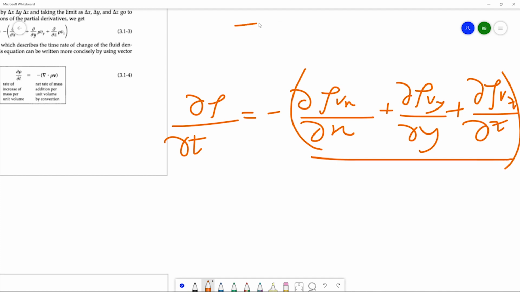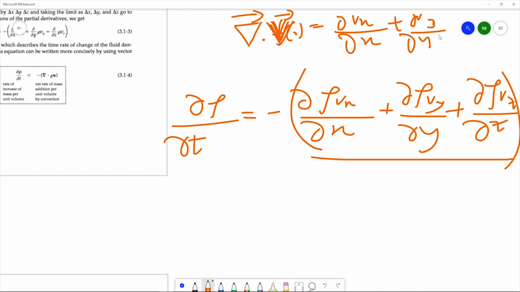I already told you, right? This nabla operator is a vector. If you take the divergence of any function, it definitely has to be a vector. Let's take the v vector here. The divergence of v is nothing but ∂vx/∂x plus ∂vy/∂y plus ∂vz/∂z, right?